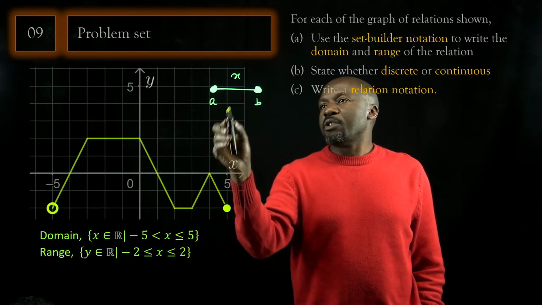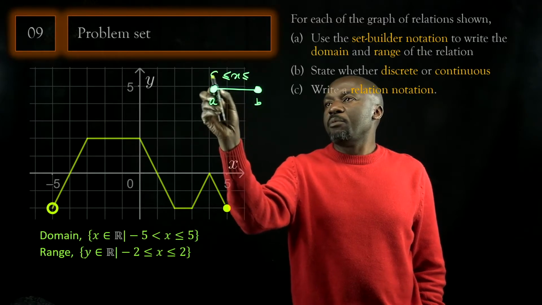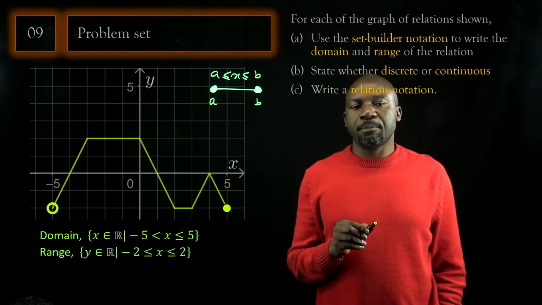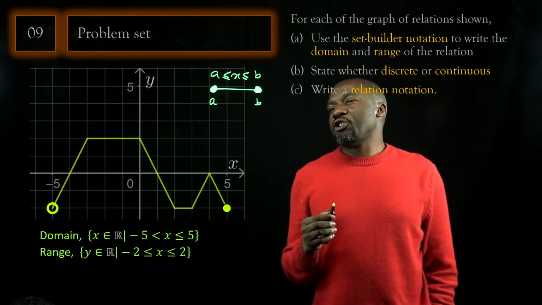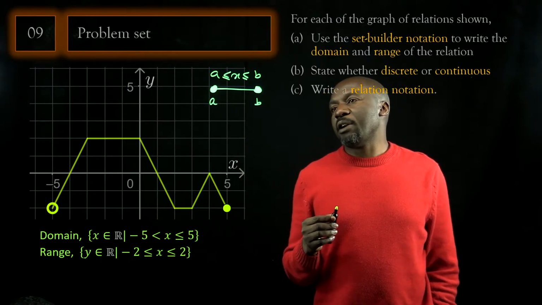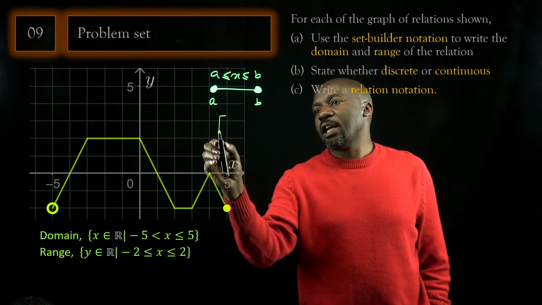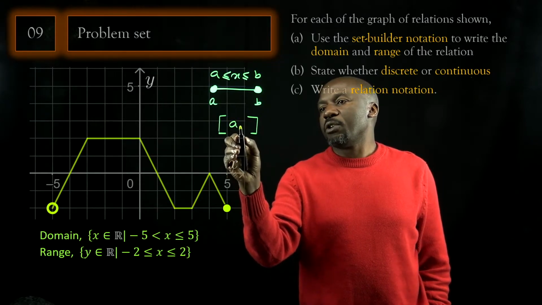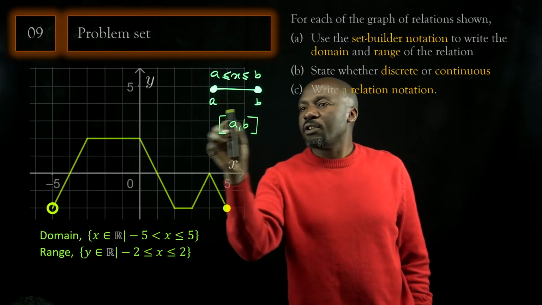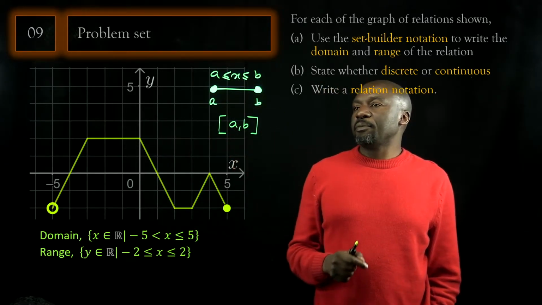So one way to represent this would be to say x lies between A and B inclusive, all right? Another way to represent this, which is a much shorter and neater way of expressing this, is to put square brackets like that. So put that and a comma and a B. So this is another way in IB that we represent this, okay?